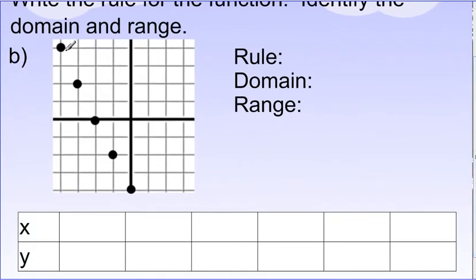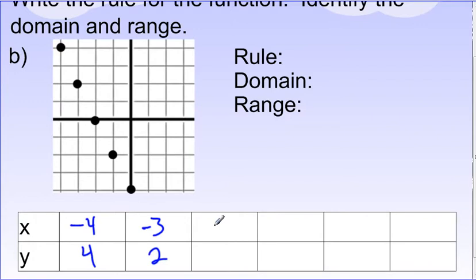Okay, so we have our line, or our points that make something like a line. So let's see. I'm going to start over here and just work my way over. So the x value of negative 4 has a y value of 4. Next point. The x value of negative 3 has a y value of positive 2.